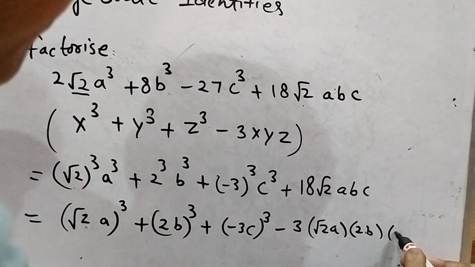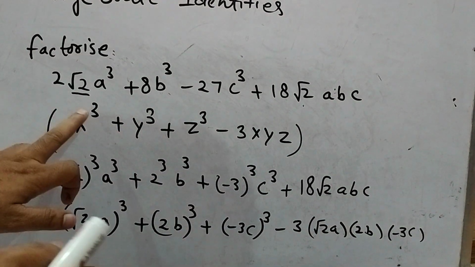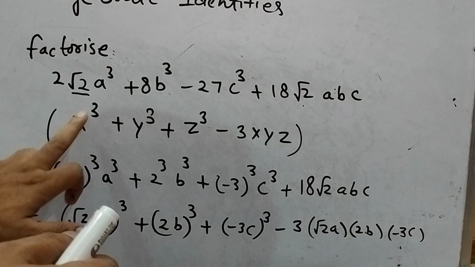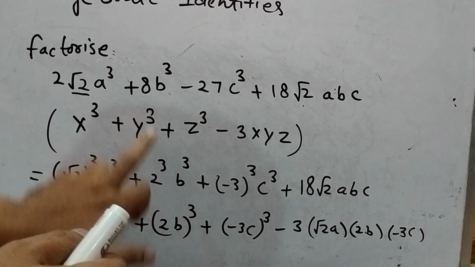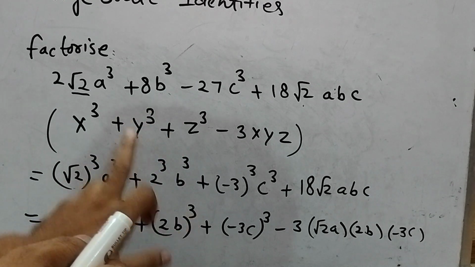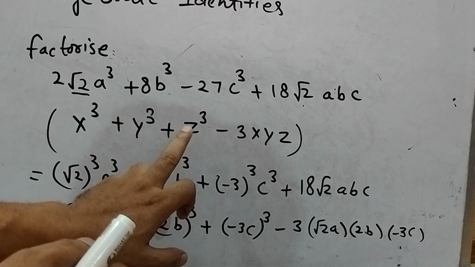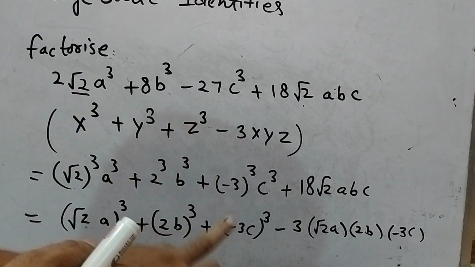Minus 3c. Why? Because we have the form like this: x cube, compare this cube, x will be root 2a, y cube, 2b whole cube, and y is 2b. Again the base, we are considering only the base, cube, z is minus 3c.